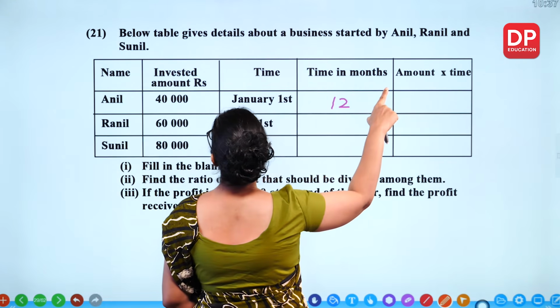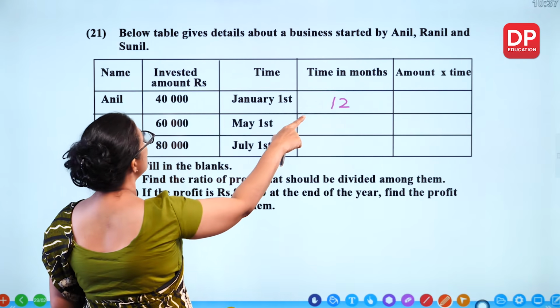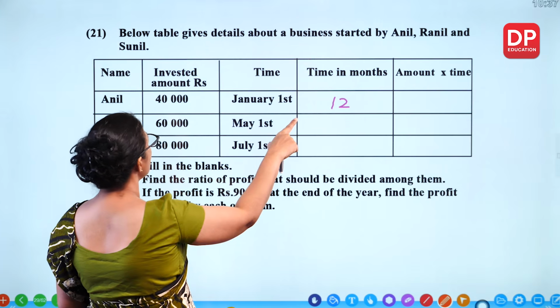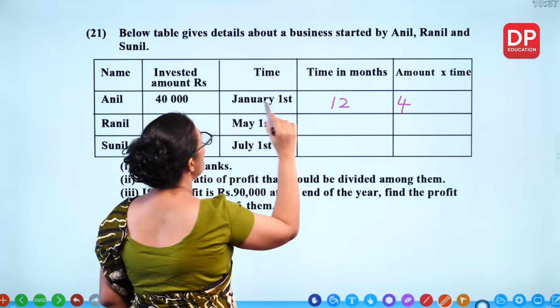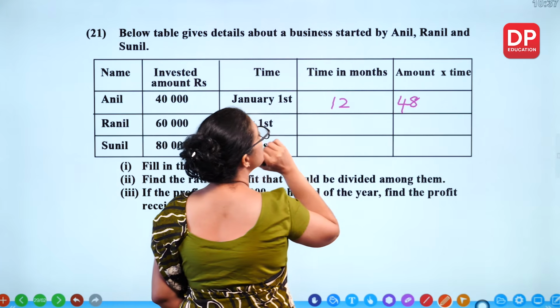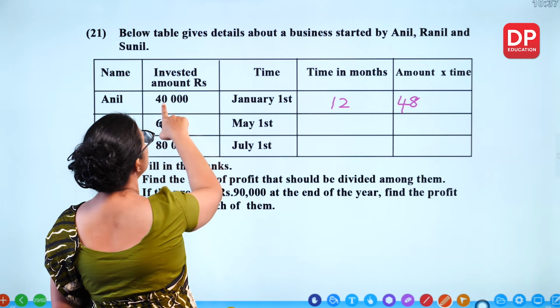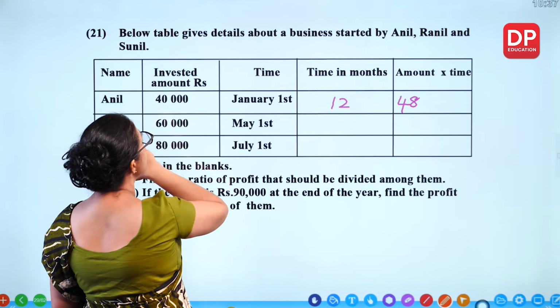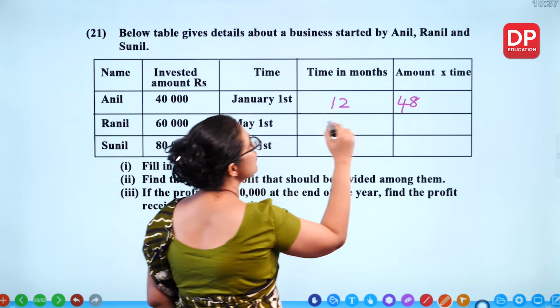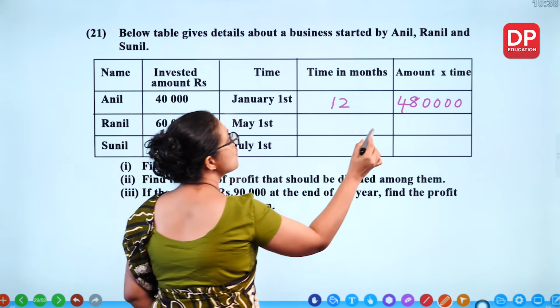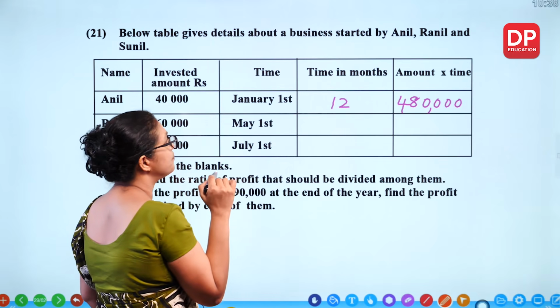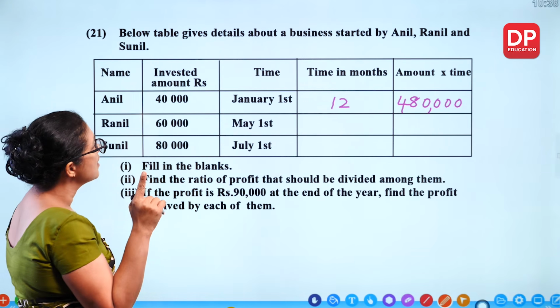So amount is 40,000 into 12. 12 times 4, 48. And here, how many zeros? 4 zeros. 1, 2, 3, 4. That means 480,000.